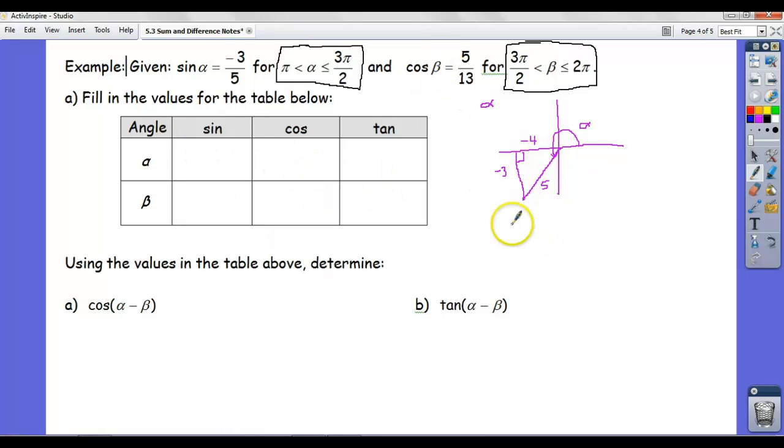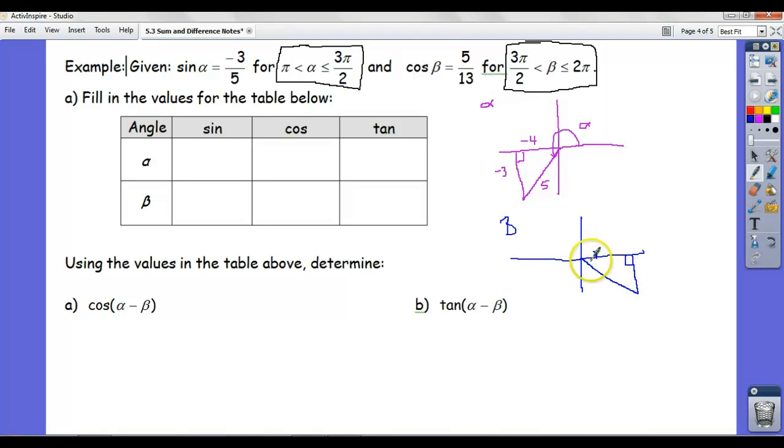Let's do the beta one. So we're told that the cosine of this angle beta is 5 over 13. That's a positive ratio, and cosine is positive in these two quadrants. But then this tells us the exact quadrant we're in. 3 pi over 2 brings us here, and 2 pi brings us all the way around. So if the angle's in between there, it means that we landed here.